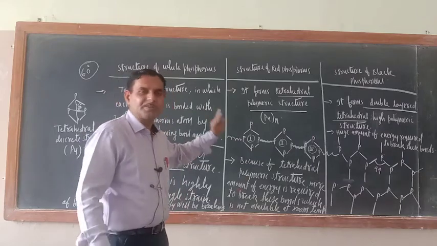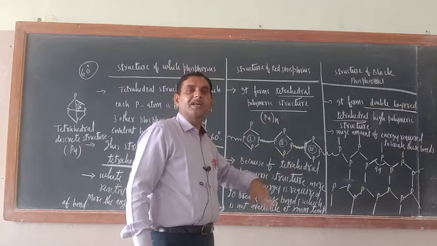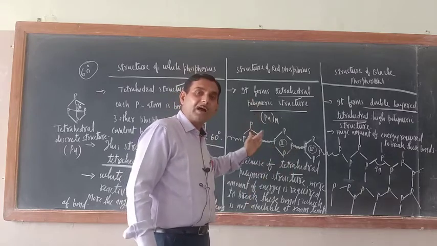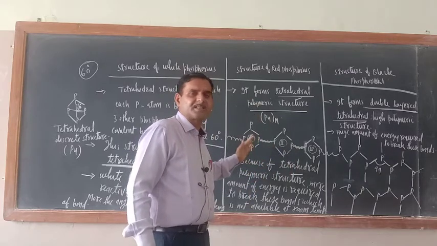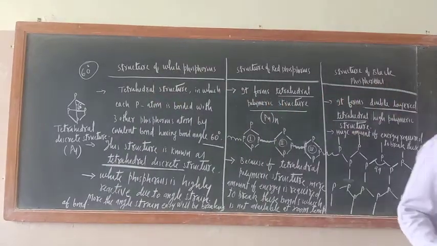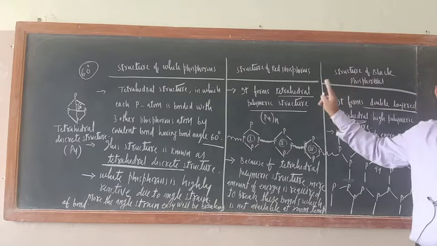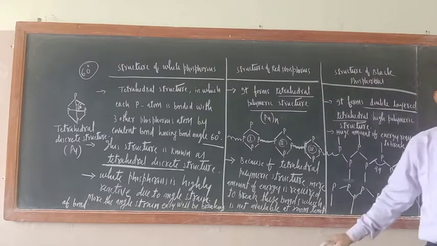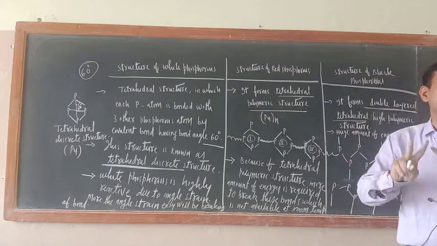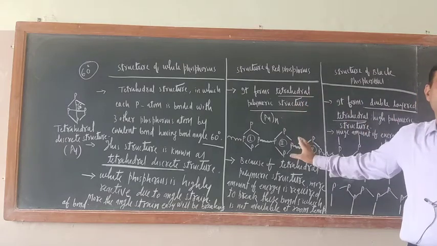The order which I told in the previous video for reactivity and stability, now I have justified with the structures. In this way white, black and red phosphorus is over. Now I have covered almost all the questions which are required to complete these things.